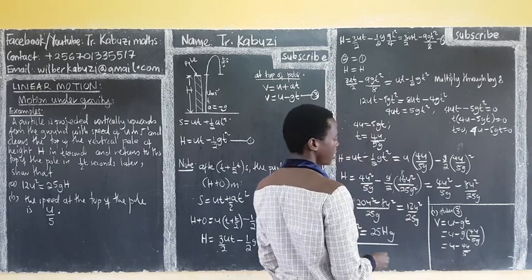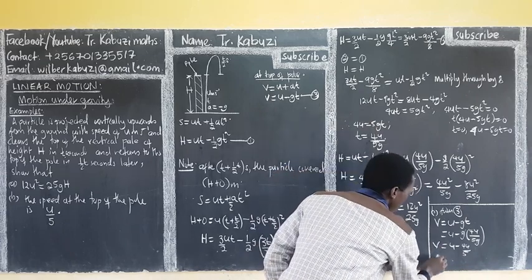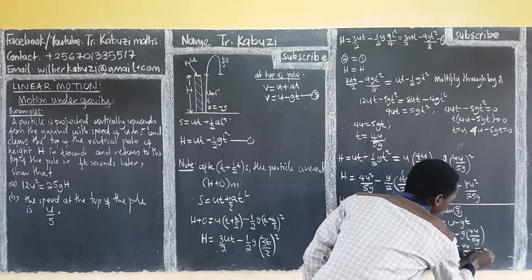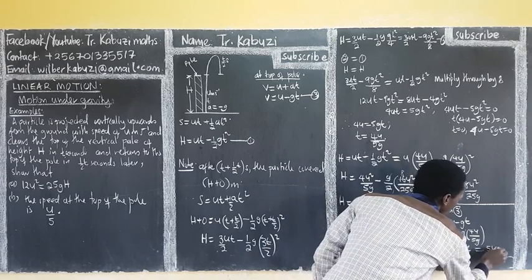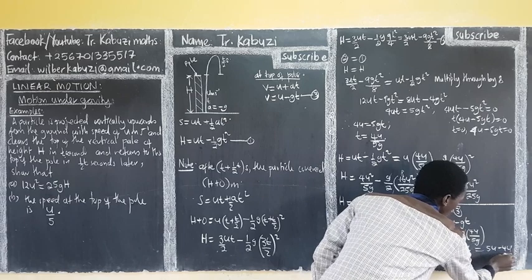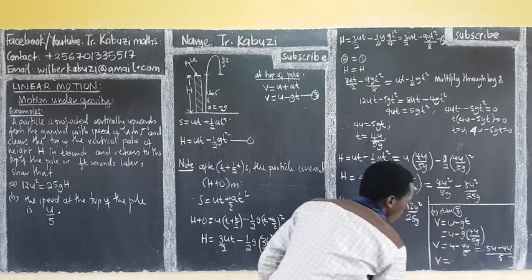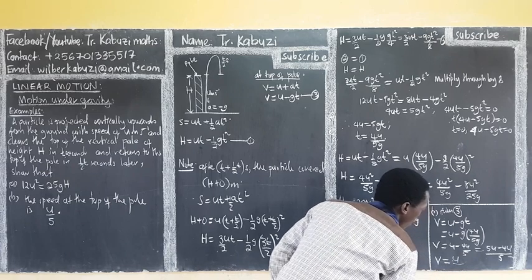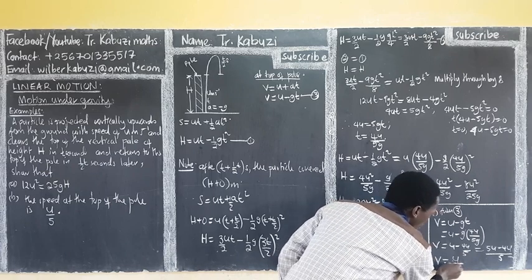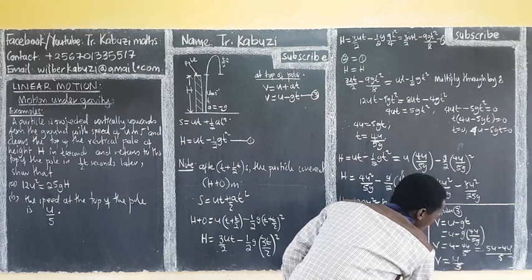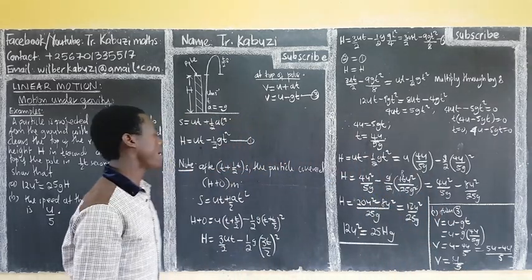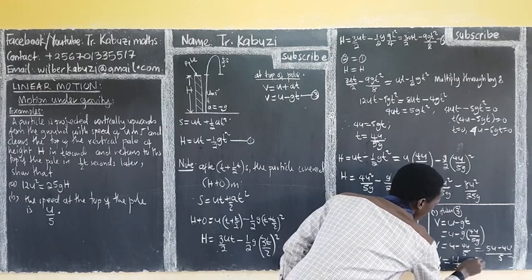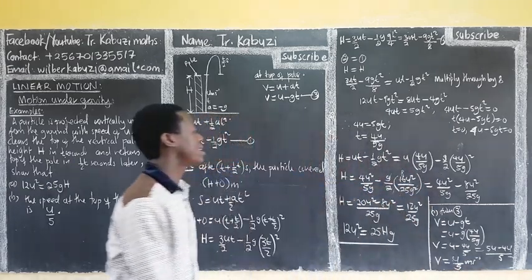When you simplify that, this will be 5u minus 4u the whole over 5, which will be u over 5. And that will be the proof there. Meters per second. That will be our answer there.